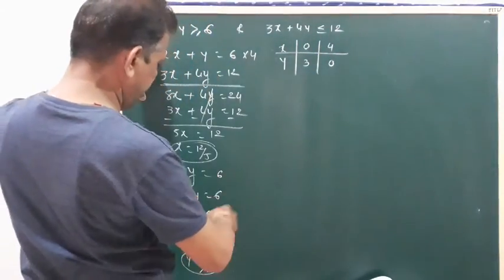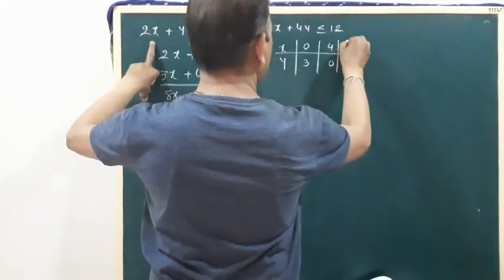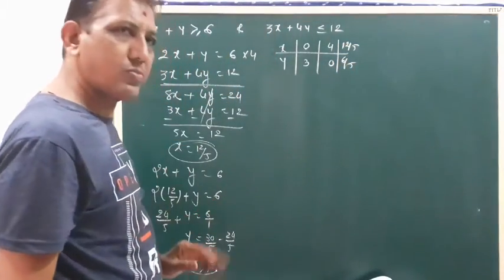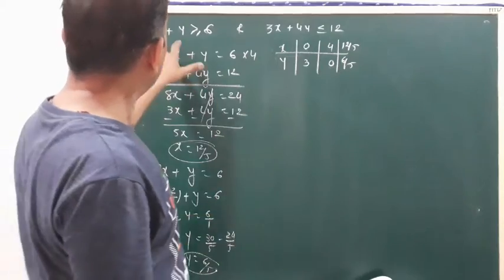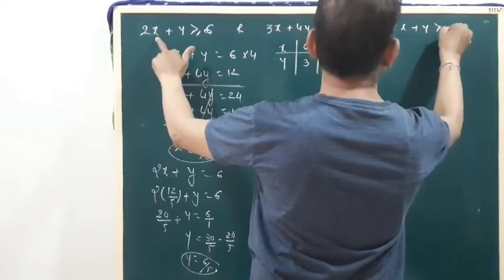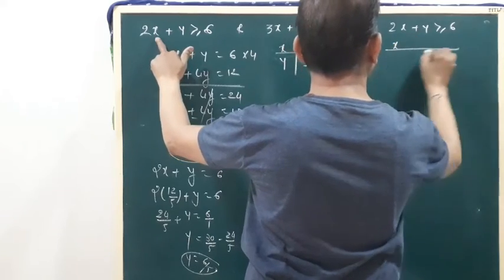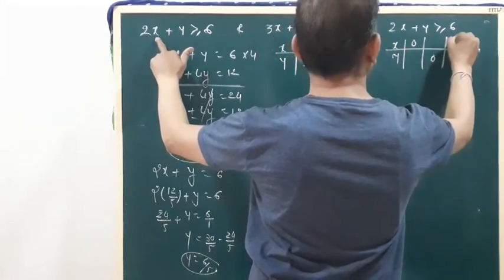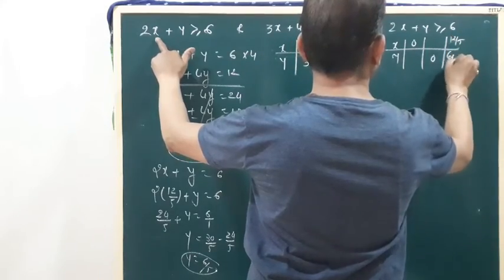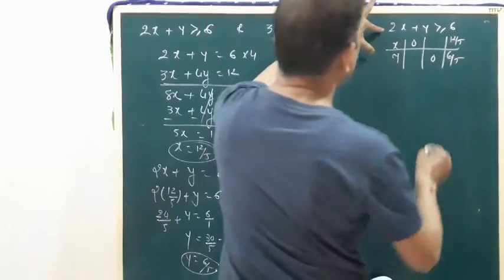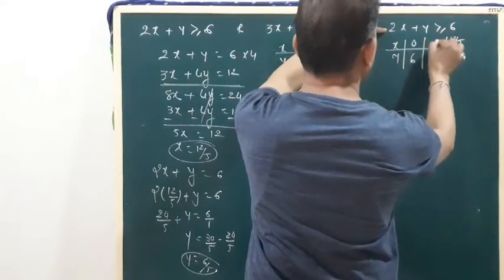And the intersection point is 12 by 5, 6 by 5. Okay. Now write here the first line. 2x plus y greater than or equal to 6. X 0, y 0. 12 by 5, 6 by 5 common point. Now put x equal to 0. So y 6, put y equal to 0, x 3.